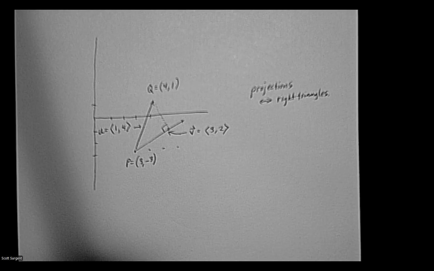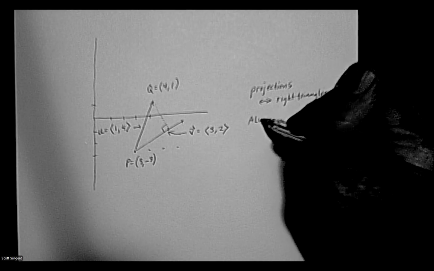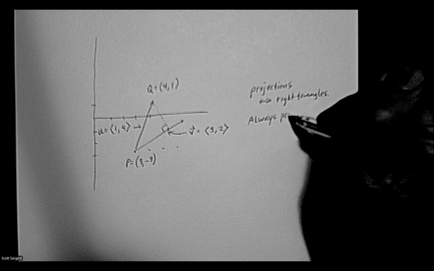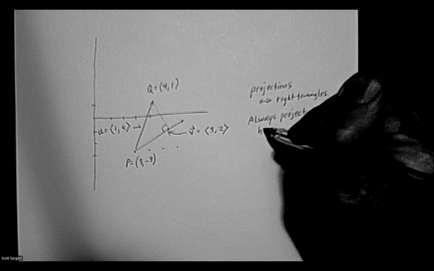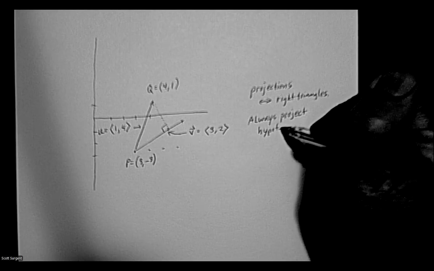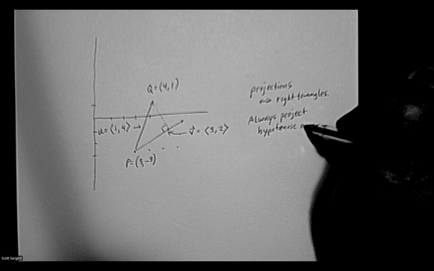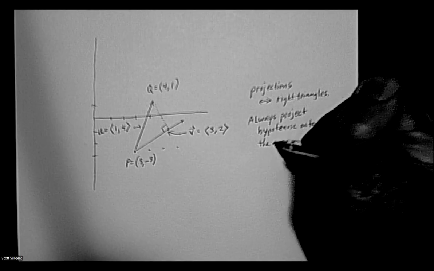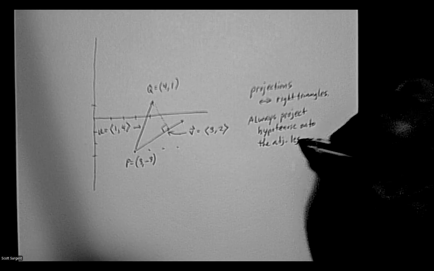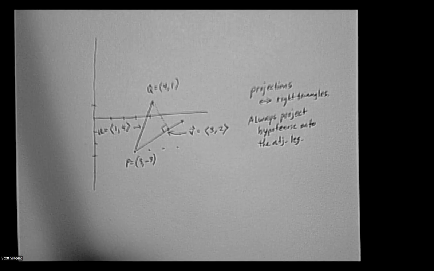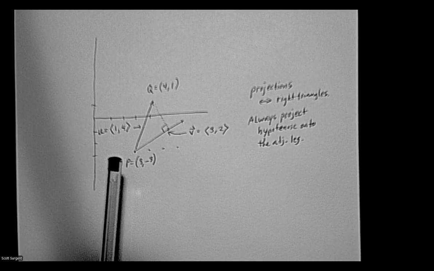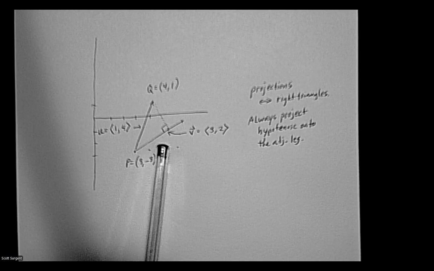Now, the question becomes what projects onto what? And another big hint: always project the hypotenuse onto the adjacent leg. Always, 100% of the time, you're projecting a hypotenuse onto the adjacent leg. By drawing a picture here, hopefully you see that this is the hypotenuse and this is the adjacent.